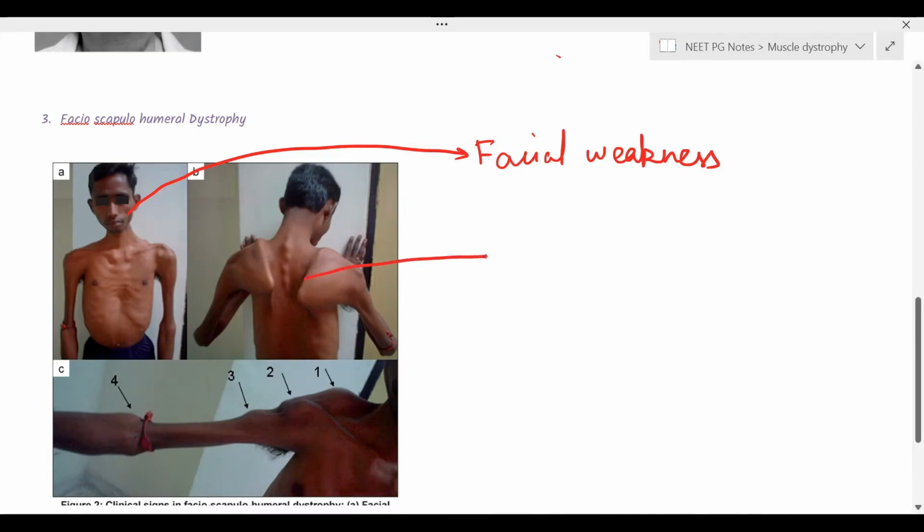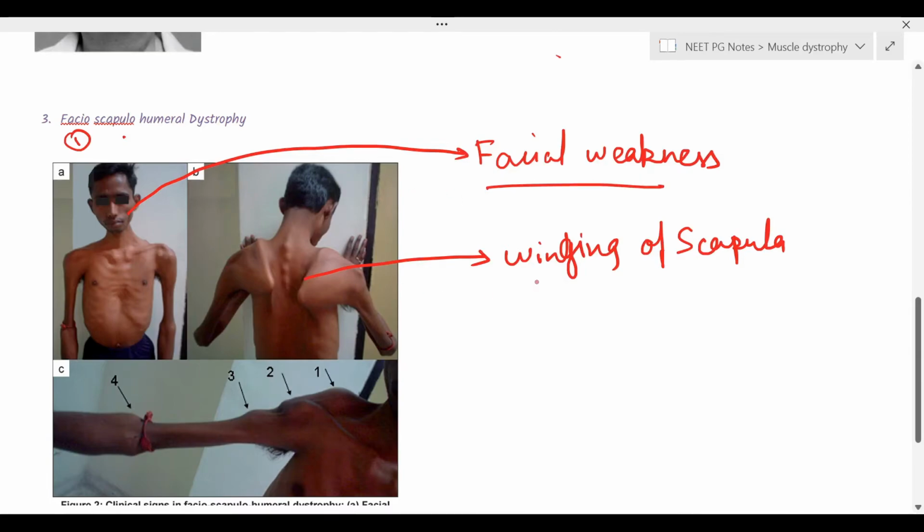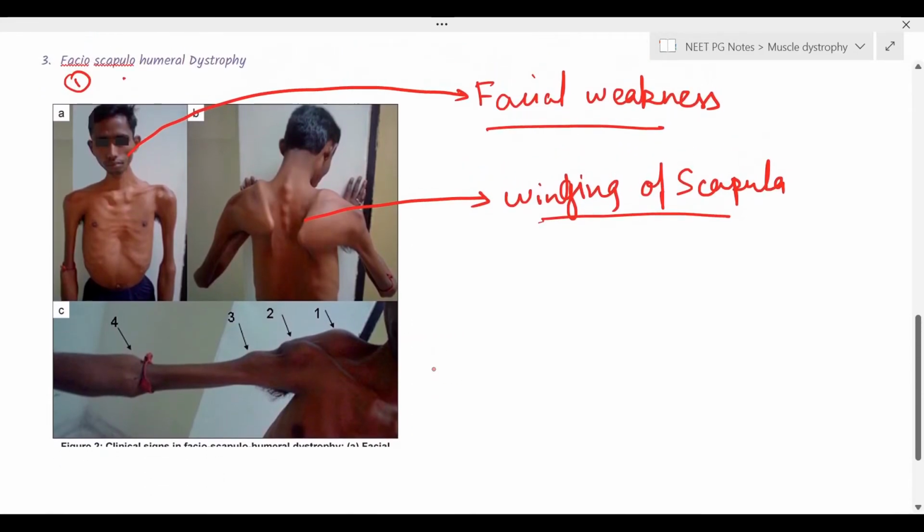Then there will be winging of scapula. What is the second word in this disorder? The second word is scapulo. So the first word is facial weakness, that is over, and then for scapula we have the winging of scapula, and then for the third one, it is humeral dystrophy.